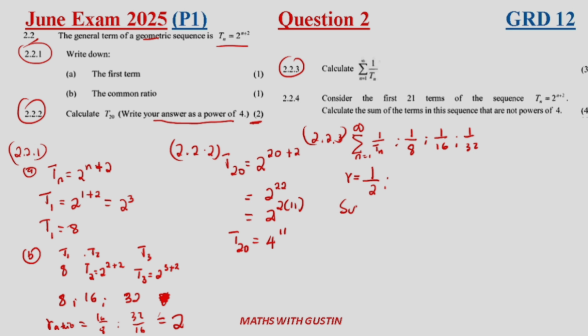So the sum to infinity equals a over 1 minus r, which in this case, with our first term being 1 over 8, is 1 over 8 divided by 1 minus 1 over 2.